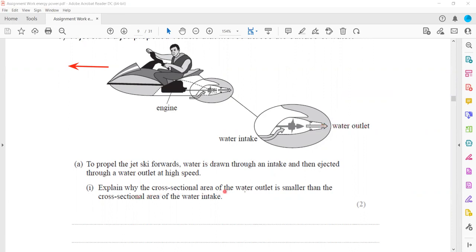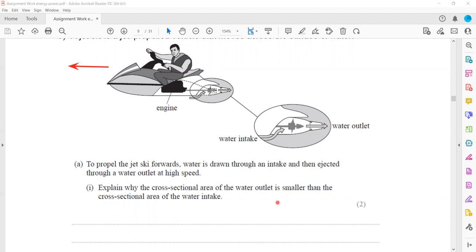Explain why the cross-section area of a water outlet is smaller than the cross-section area of the water intake. So what is the reason why the areas are different? Because the amount of water which enters will be the same.